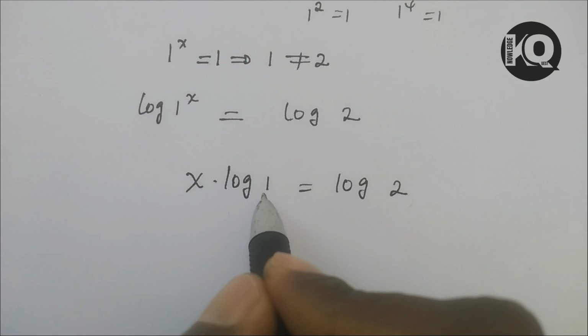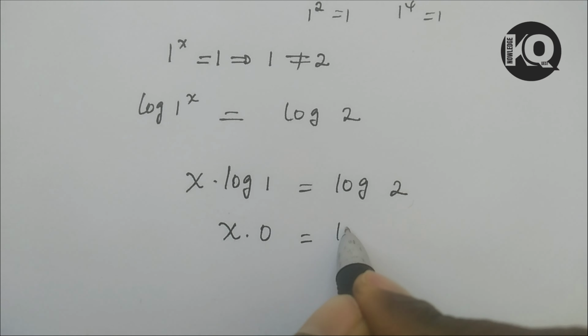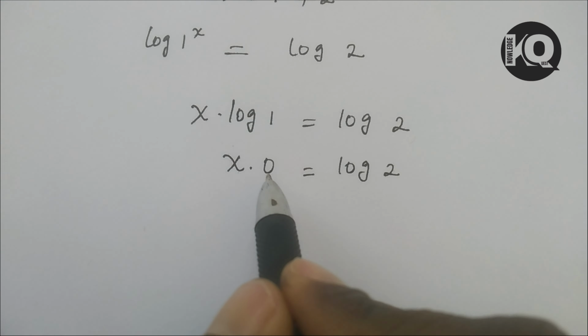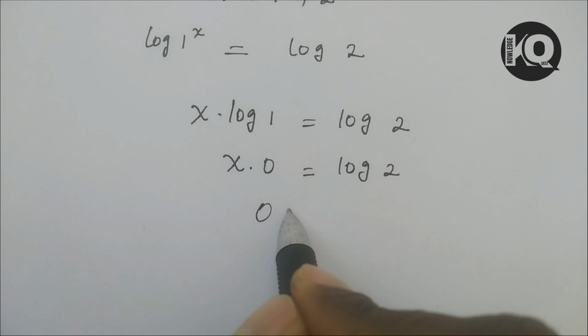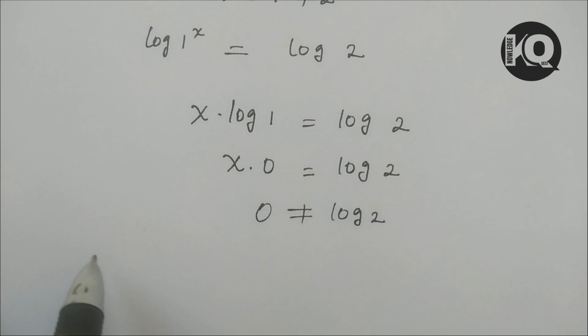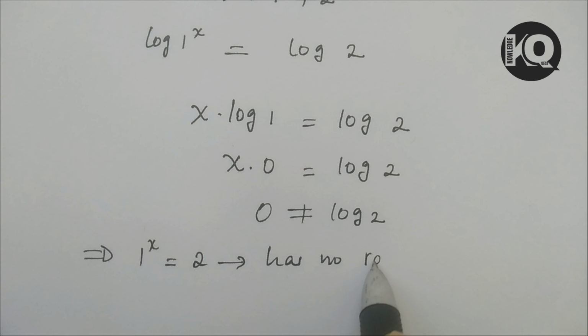But log of 1 is 0, so x times 0 is equal to log of 2. So x times 0 will be 0, which is different from log 2. This implies that the equation 1 to the power of x equal to 2 has no real solution.